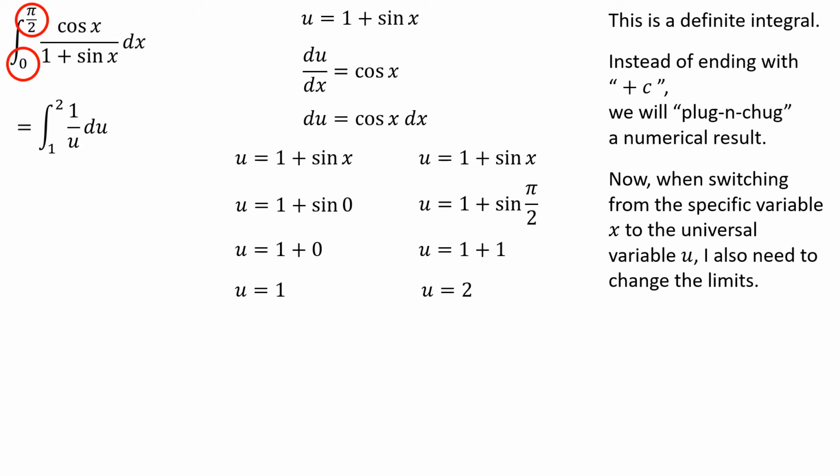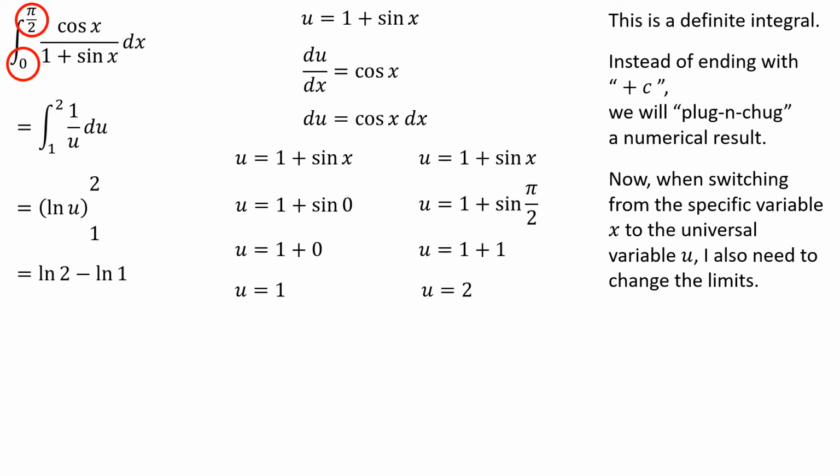So let's integrate. And if I've got 1 over u du, and I want to integrate that, what do I get? Natural log of u. But then, of course, I have to evaluate it at 2 and 1 and find the difference of those values.